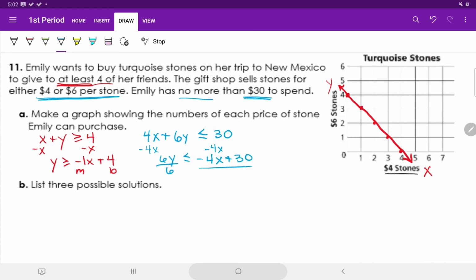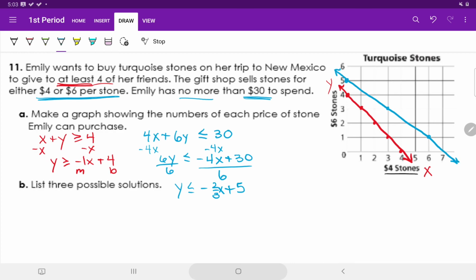And when we divide both sides by 6, we end up with y is less than or equal to -2/3 x plus 5. To graph this one, we'll start with a y-intercept of 5, and we'll go down 2 and right 3. And this line is going to be solid as well.